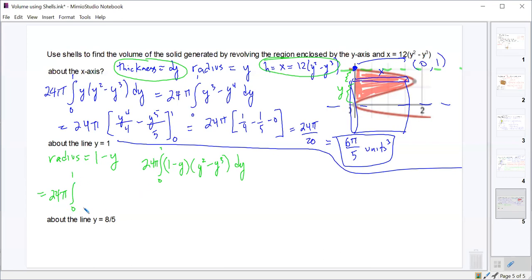We're going to distribute it all out now: y squared minus 2y cubed plus y to the 4th dy, which we should be able to integrate.